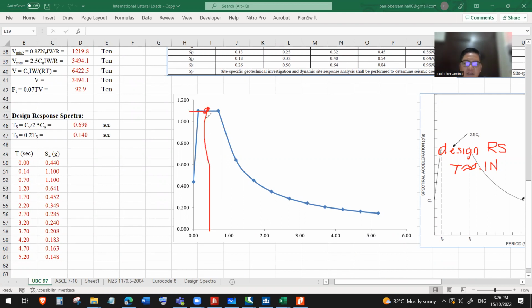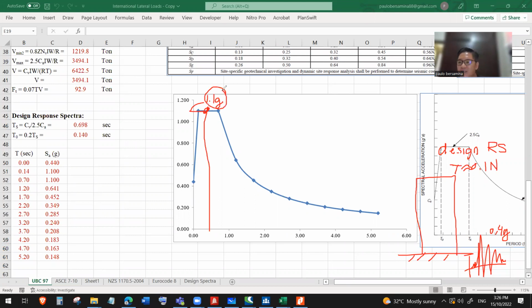so that means that 5-story building, when subjected to a 0.4 G ground motion, it can experience as much as 1.1 G spectral acceleration.